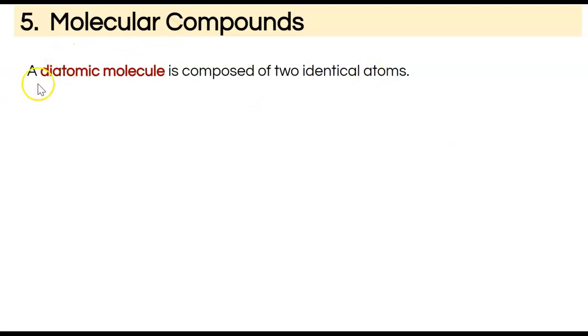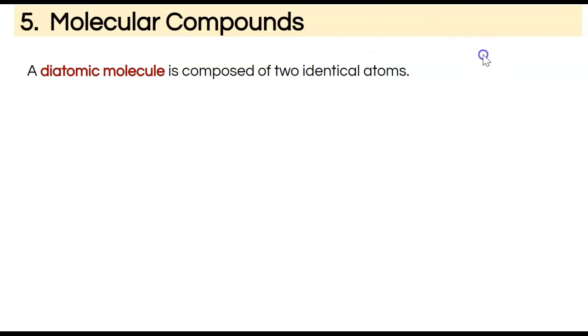Now, the prefix di typically means 2. So a diatomic molecule is a molecule composed of 2 identical atoms. There are some atoms that really don't exist as individual atoms in the world by themselves. They simply aren't stable, so they form little pairs with another atom of their same kind.